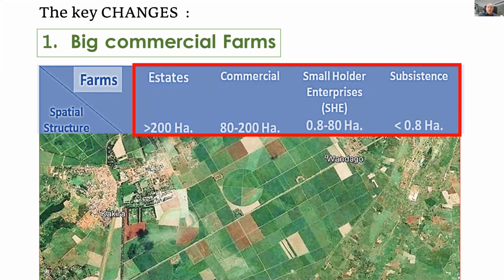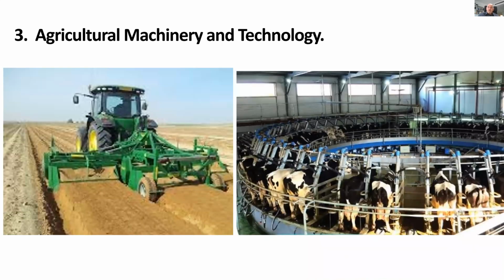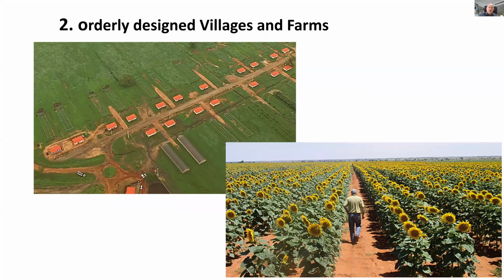Now, of course, the need for orderly designed villages and farms. We have to stop the sprawling system of the tradition. Of course, machinery and technology is very important, but machinery and technology cannot enter without orderly designed villages and farms. It is impossible to put machinery like you see here into this chaos.